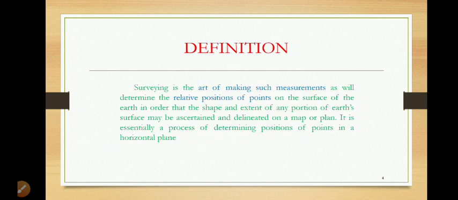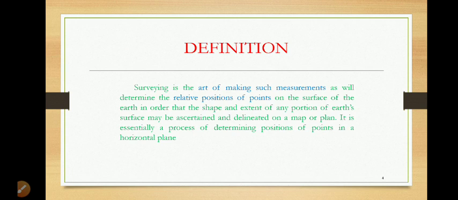And next we see the definition of surveying. Surveying is the art of making measurements as well as determining the relative position of points on the surface of the earth. You are going to locate a point by referring from some places or some things. That is known as surveying.